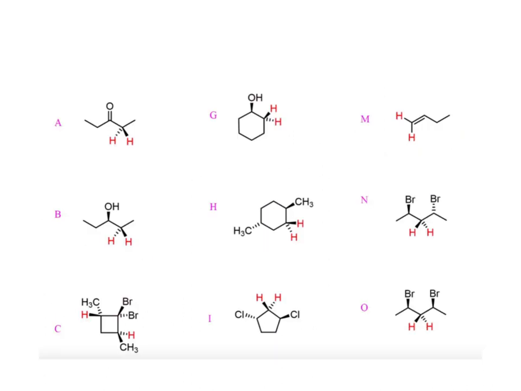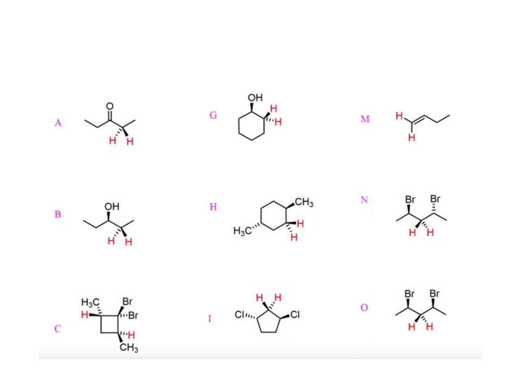Now let's apply the skill we just learned to identify the relationship between the two highlighted protons on each of the molecules, based on whether they are homotopic, enantiotopic, or diastereotopic protons. For question A, we can go to the chart: axis, yes or no, and then the plane, yes or no. Or we can use the replacement test.